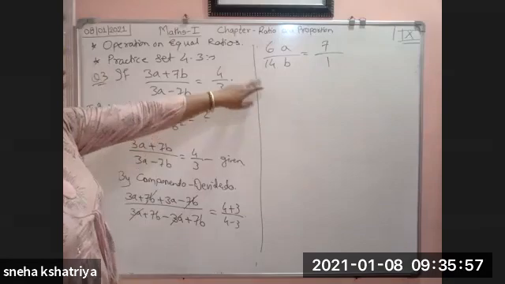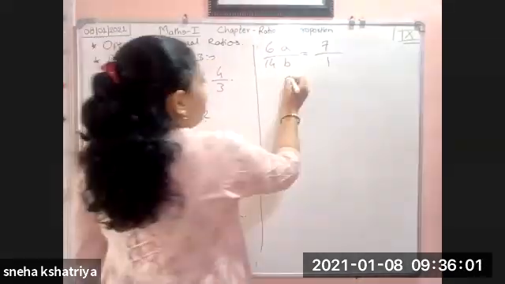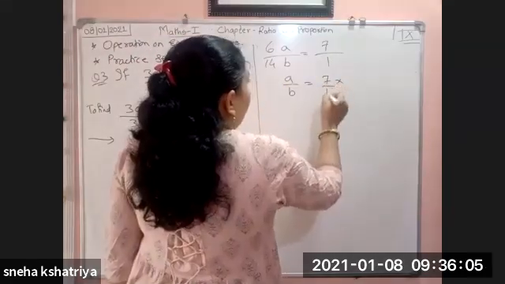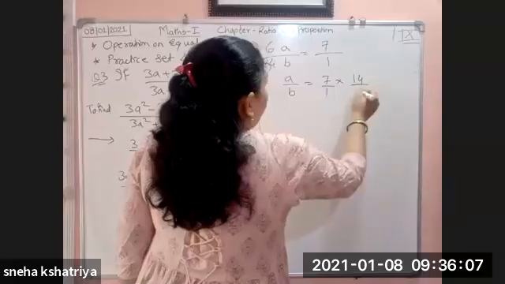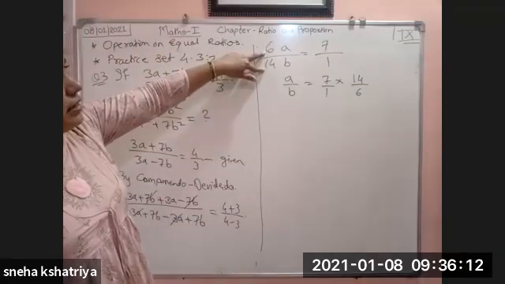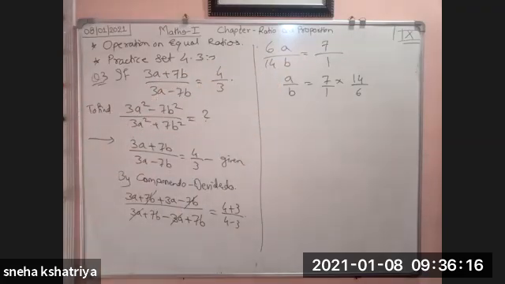Again, we have to find out the value of a and b. So 6 upon 14 is there, shifted there. So this a upon b is equal to 7 upon 1 multiplied by 14 upon 6. 6 upon 14 is there. At right side, it will become 14 upon 6.